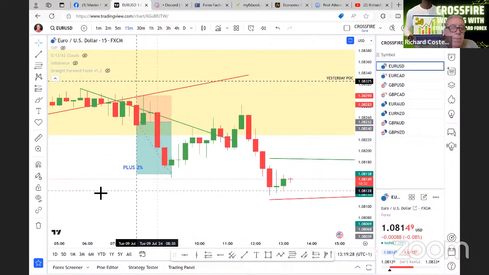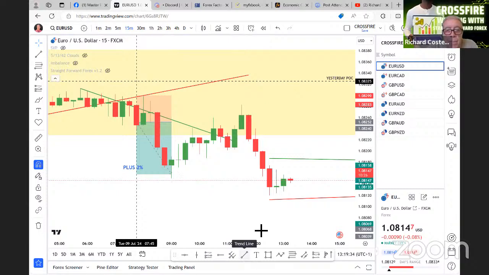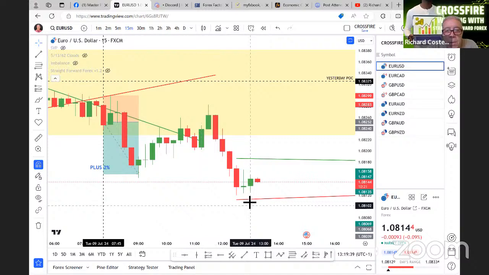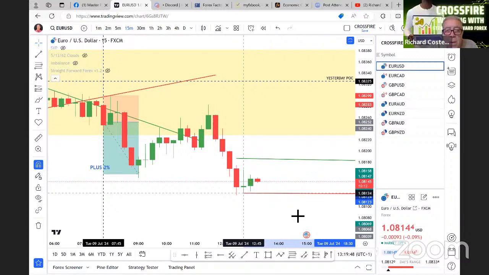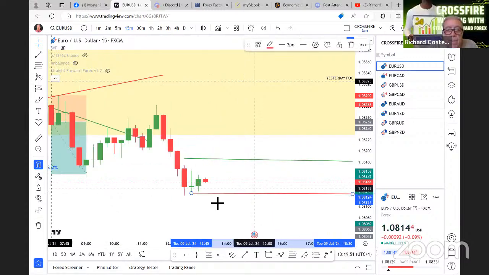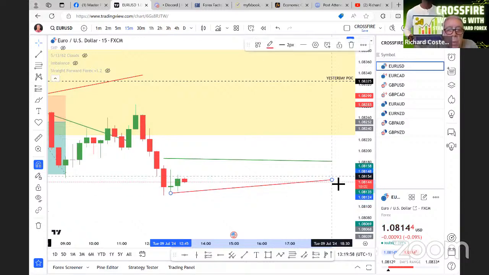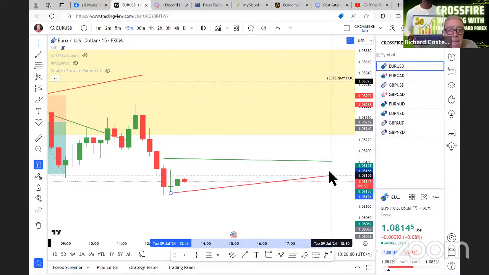What I do to enable that is I put on the magnet tool. So this is the 1 o'clock candle. Looking at the bottom and looking left, I need to position it on that next candle, and then move this trend line so it touches the bottom of the wick on the 1 o'clock candle.